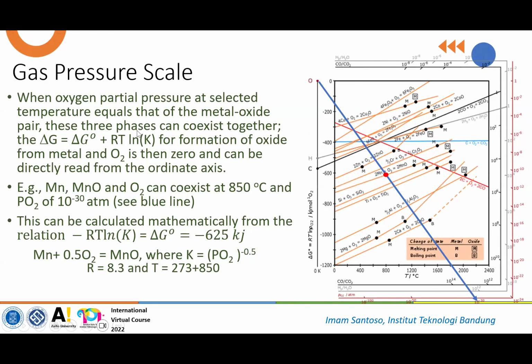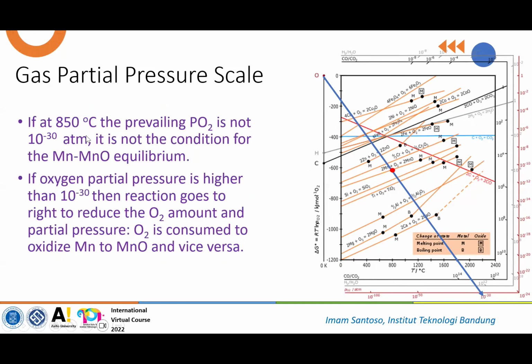We can see before that at 850, if the oxygen pressure is 10 to the minus 30, then Mn, MnO, and oxygen are in equilibrium. What happens if at 850 the oxygen pressure is not minus 30 atmosphere? It means not in equilibrium.